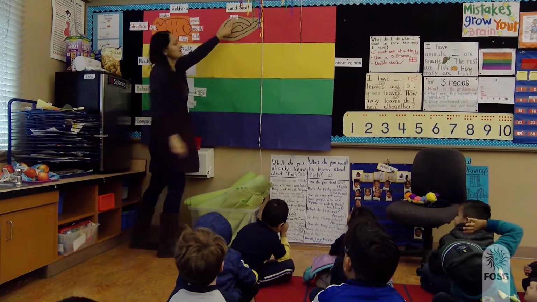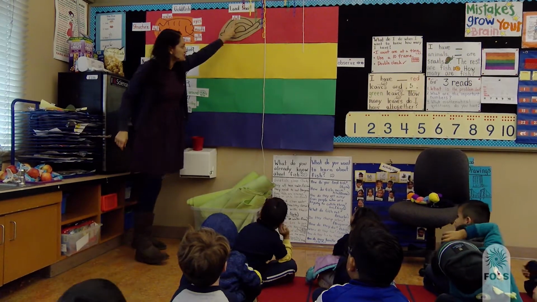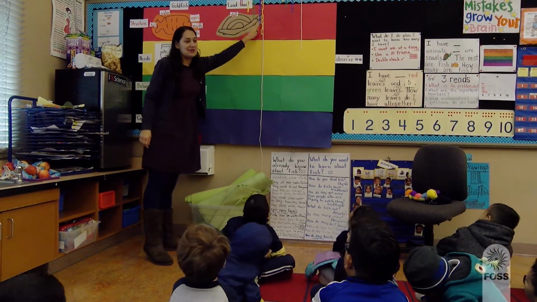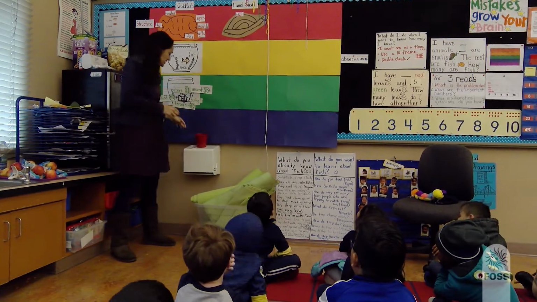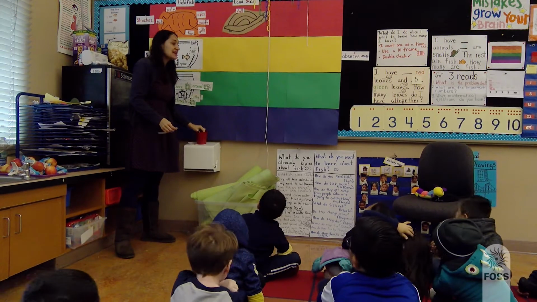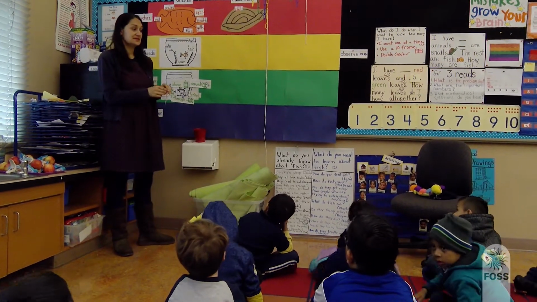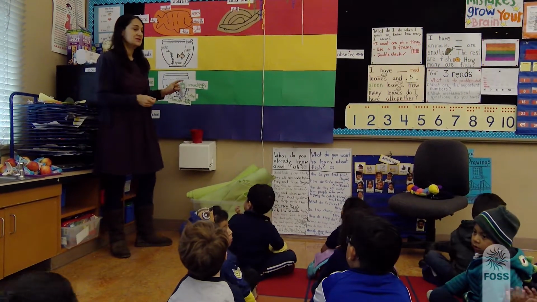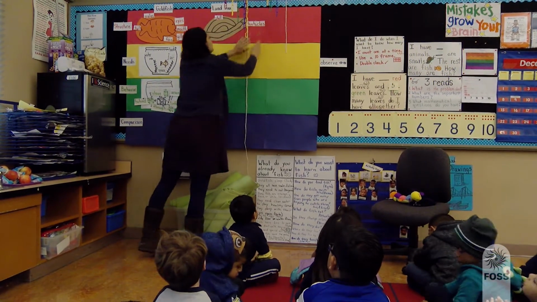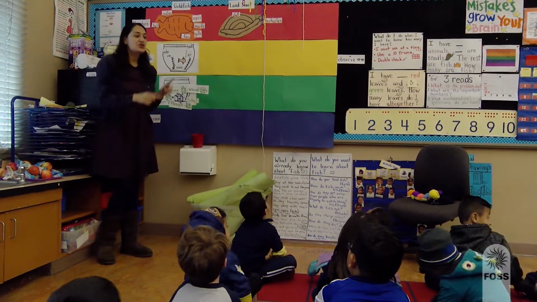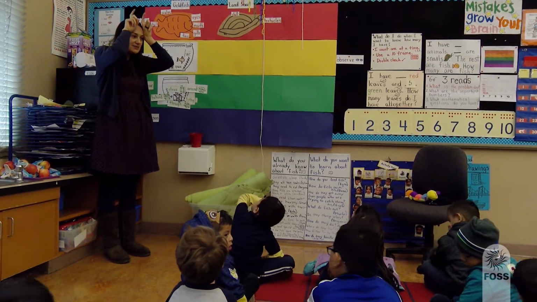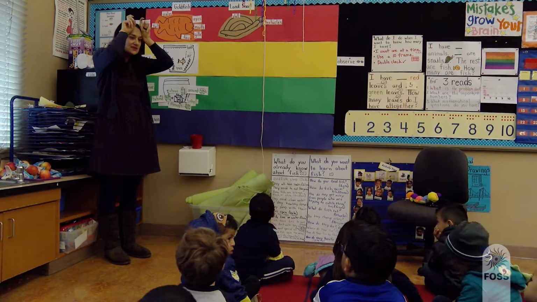So we put, can you read it? Shell. And you guys were talking a lot about those. Who remembers what they're called? Can we all say it? Tentacles. That is a long word, right? And you guys made an important observation that there was something on the end of those tentacles. What was it?